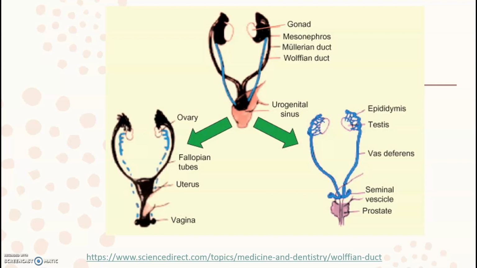On the right, we have our Wolffian duct there, and that's because AMH is present, and testosterone is also present, trying to form the rest of that. I just thought that was a really good image to look at and understand how the sex differentiation process is really a neat but complex thing.